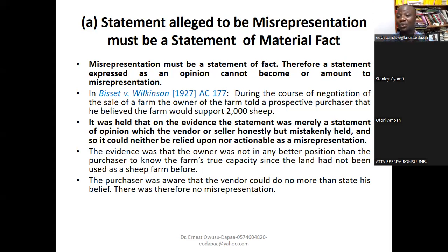And why is it not true? Well, the farm had never been used previously to do sheep farming. So the question is, how could you be certain that such a farm had the capacity to raise 2,000 sheep? So that was the position that the court took. Yeah, so that was just an opinion.